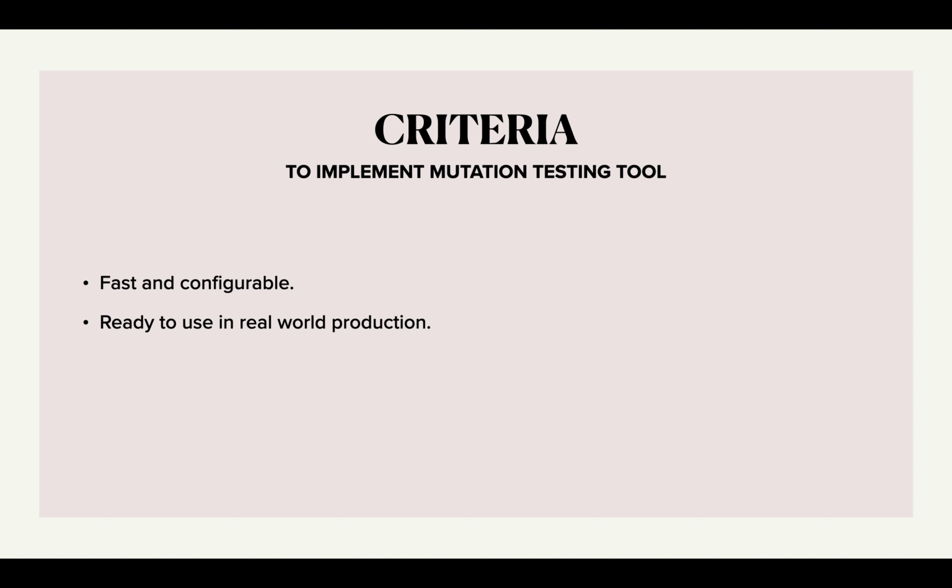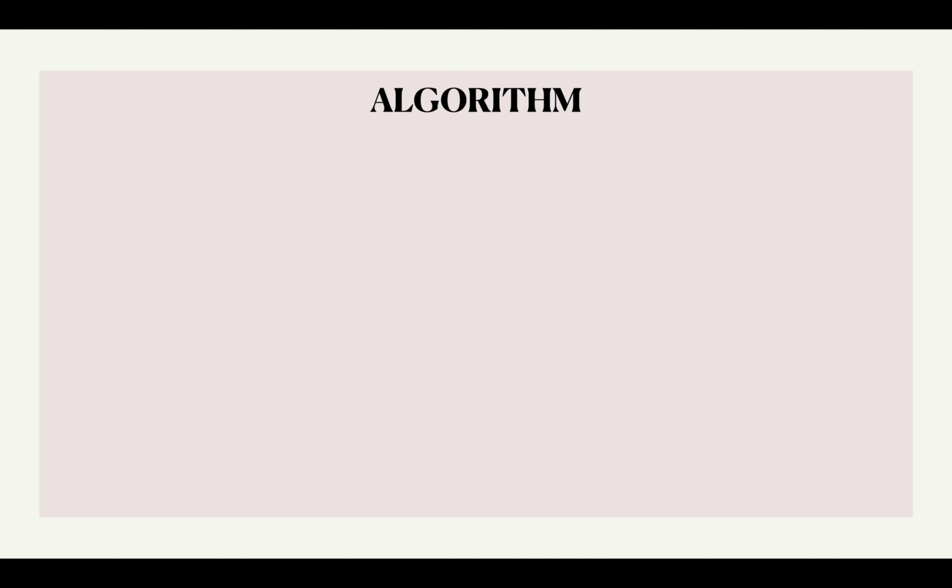The tool should be ready to use in real world production and open source projects. Last, the tool should implement a reasonable number of basic mutation operators in order to enable the practical use of it in different domains such as systems programming, application programming, algorithms, and mathematical computations.